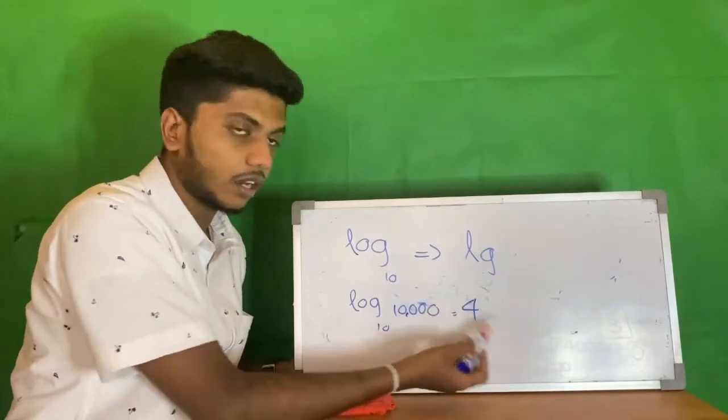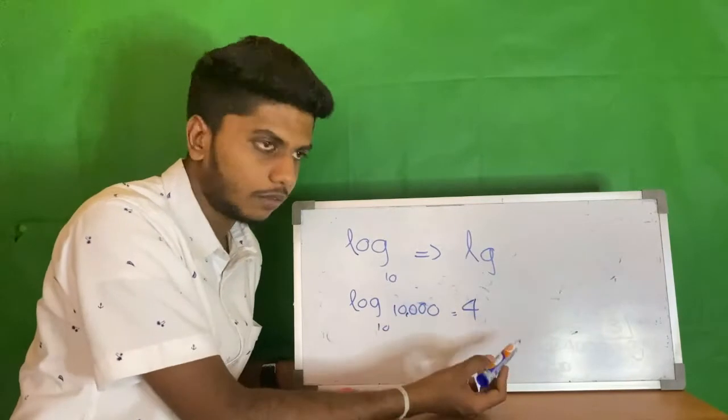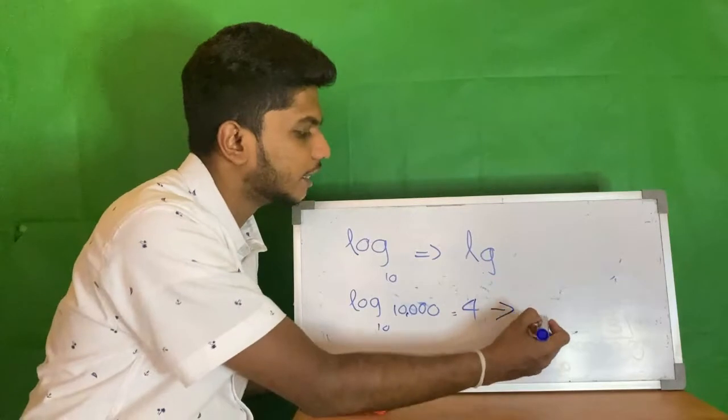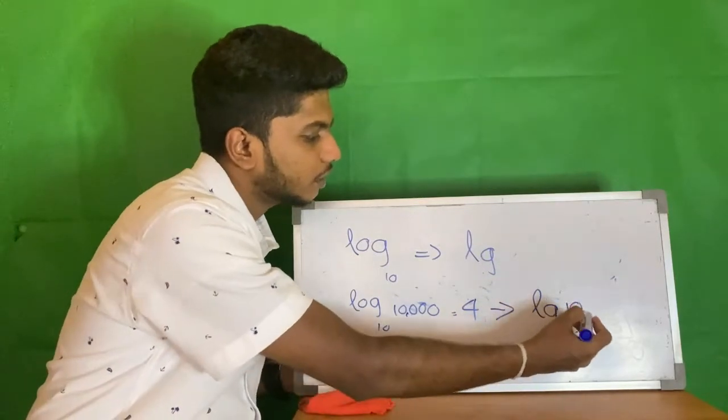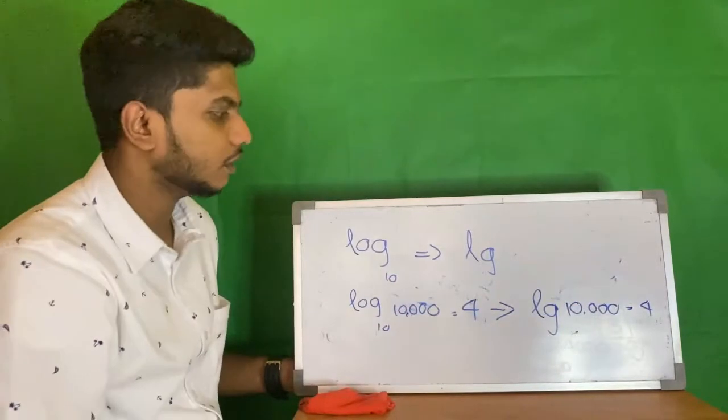You can count it: 1, 2, 3, 4 zeros, that means power 4. So we can simplify this one. We can simply write this like this: LG 10,000 is 4. That's how we write this.